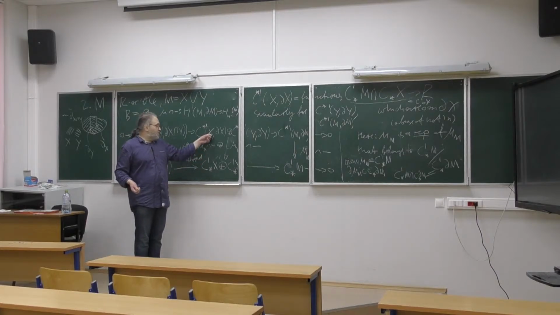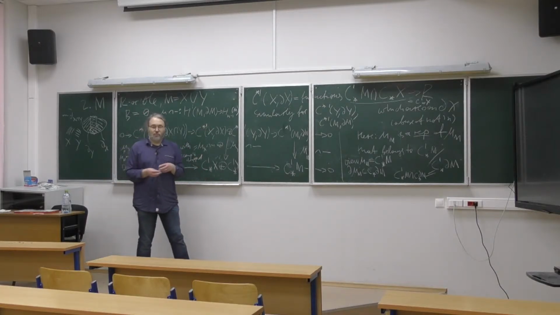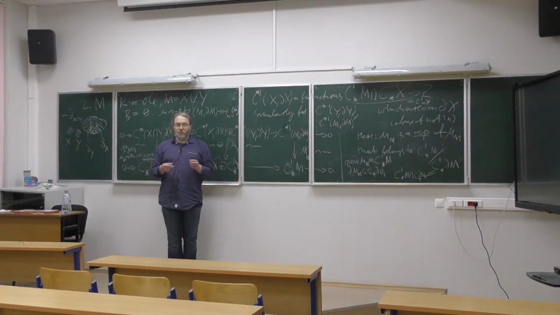And we need to check that the map given by capping with mu x is the same as the one we have for the complexes without the primes, and so on and so forth. So unfortunately, there are several things to check.